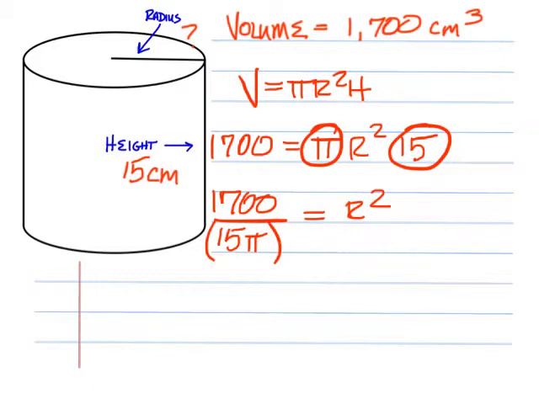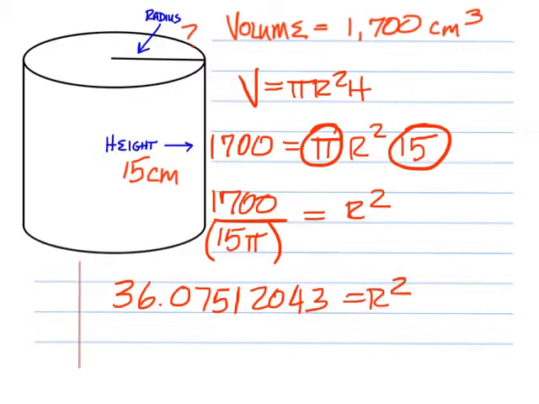It has to be in parentheses underneath. So do 1700 divided by left parenthesis 15 pi, right parenthesis, and come back with 36.07512043, and that's equal to r squared.